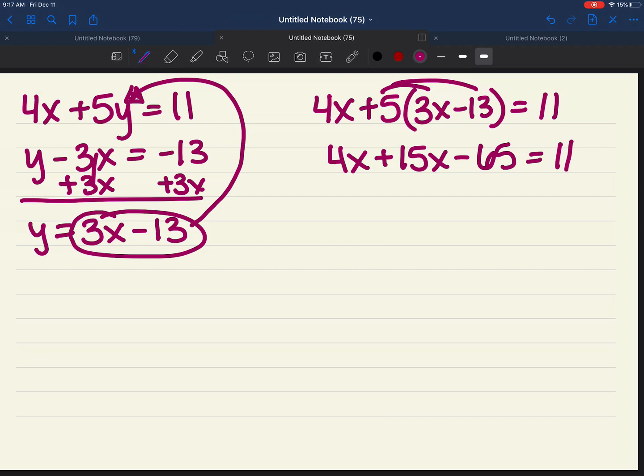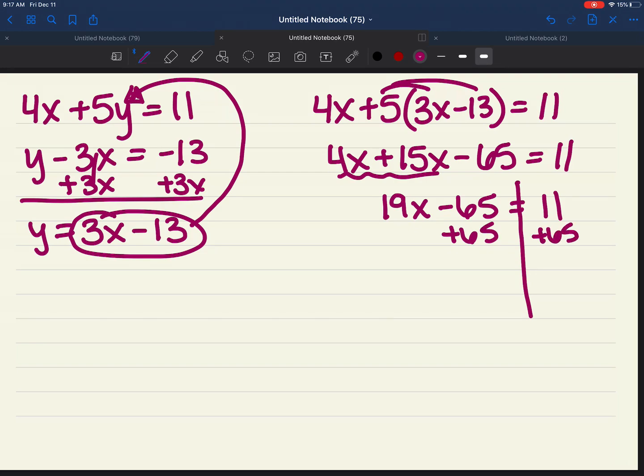Okay, keep going. Add 4x and 15x. Okay, so we always combine like terms first to get 19x minus 65 equal to 11. Okay? All right, go ahead and solve.